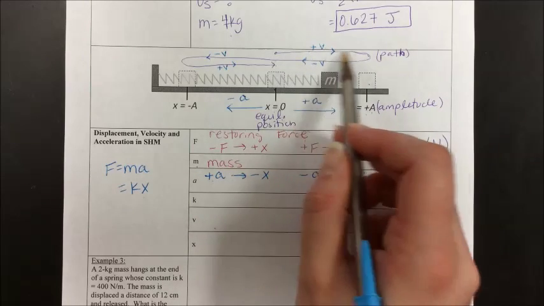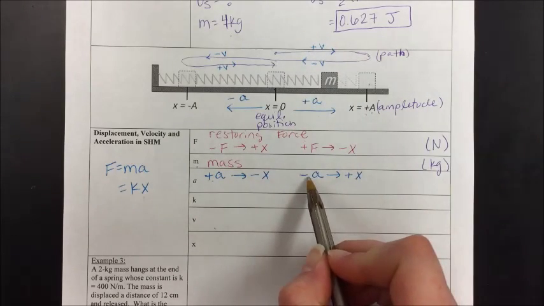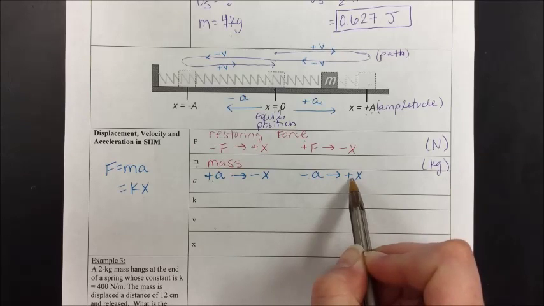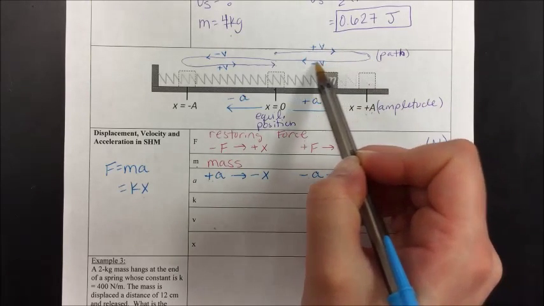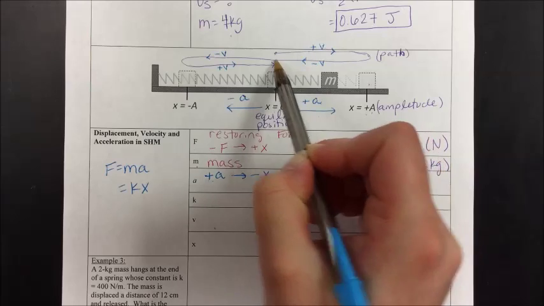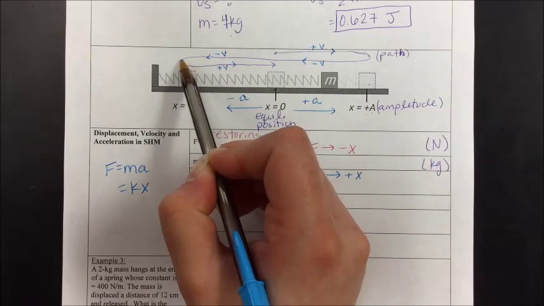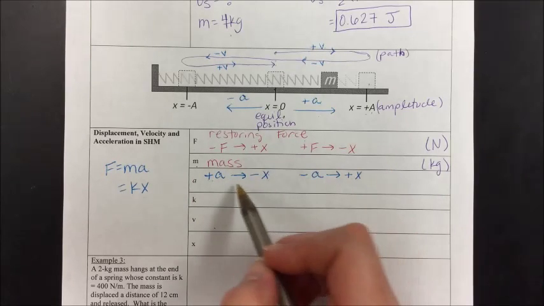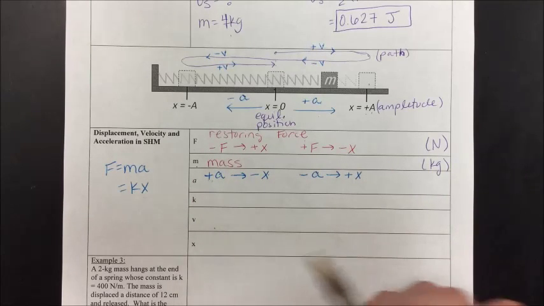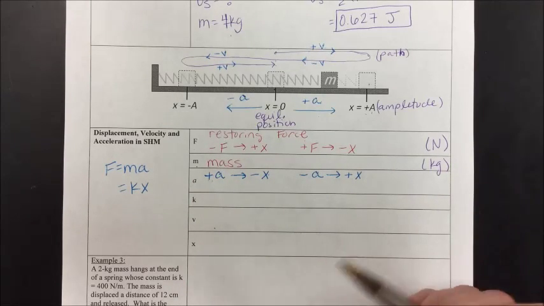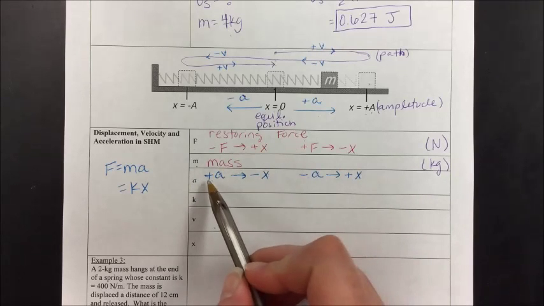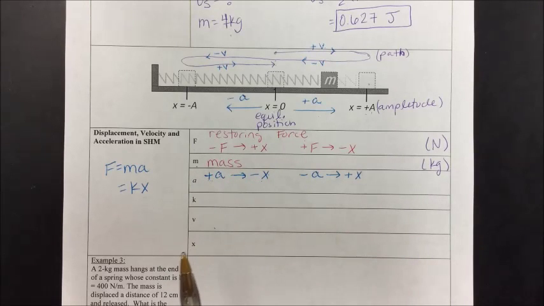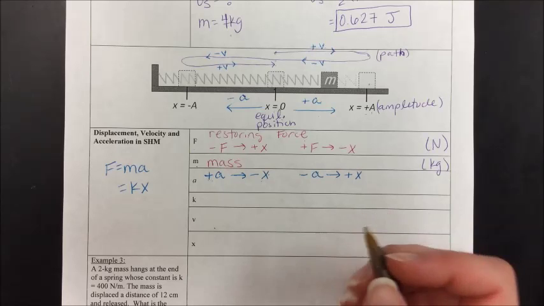So negative acceleration, positive direction. Here we're moving in a negative direction and we're speeding up, and then we start slowing down again, and so that correlates over here. So this is just a general rule that if we're in a positive position, we're going to have a negative acceleration. If we're in a negative position, we have a positive acceleration.